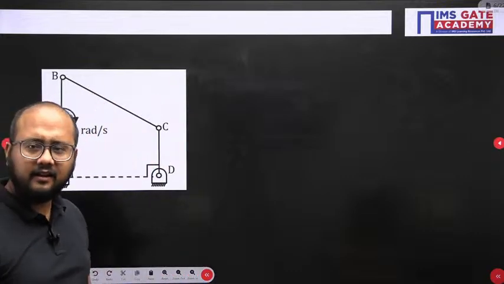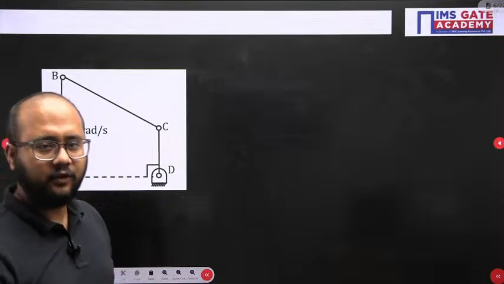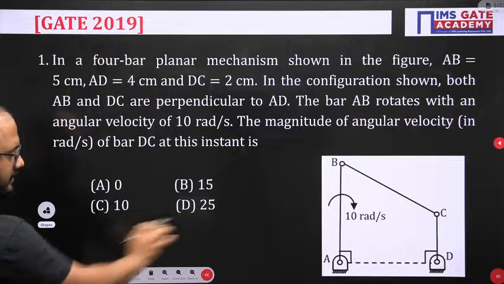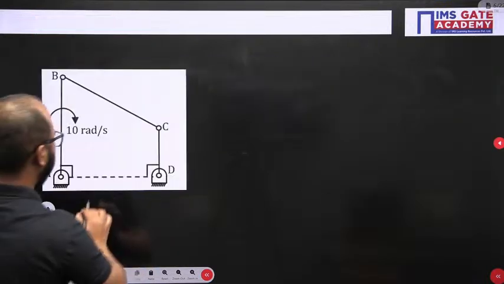Is it a triangle? Okay. Let me help you out in this case. So this is the velocity configuration diagram actually.